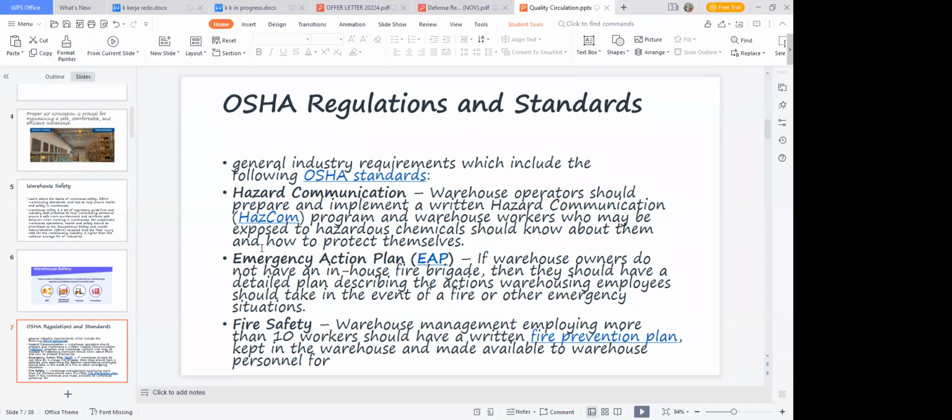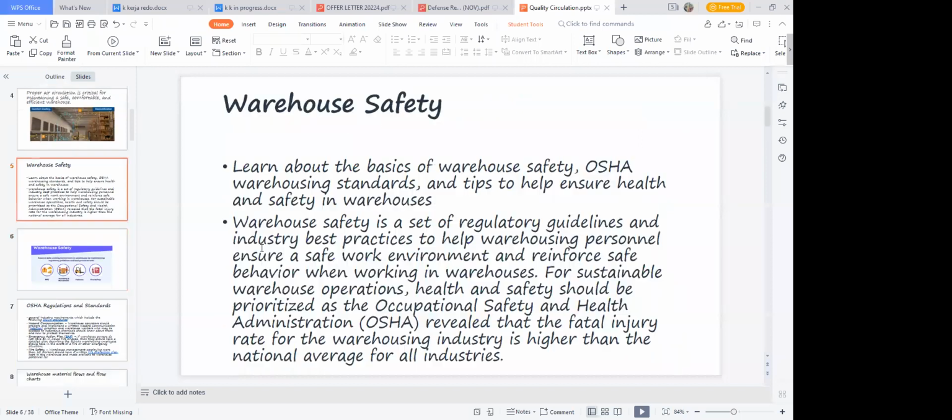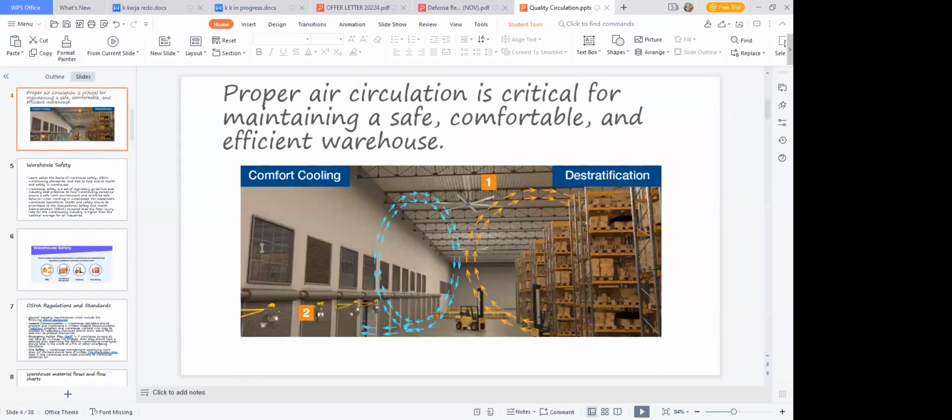We still discuss about warehouse safety. This safety normally is related to the air circulation in the warehouse, because the main objective of our air circulation is to avoid danger, to avoid accidents, to avoid any hazard happening in this warehouse.